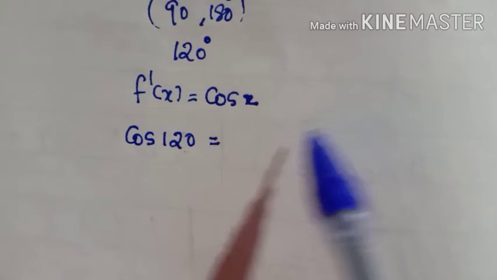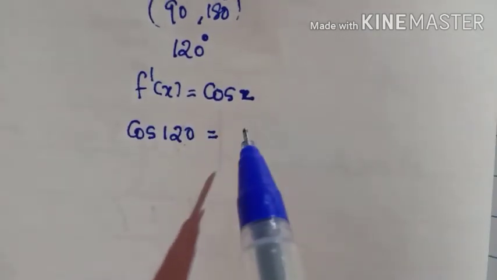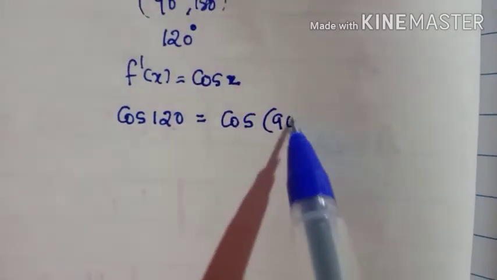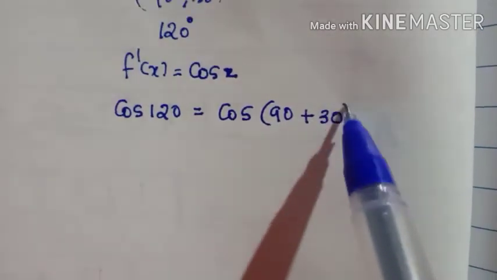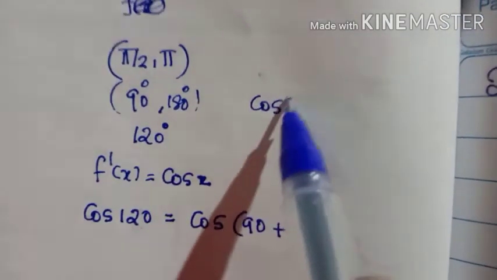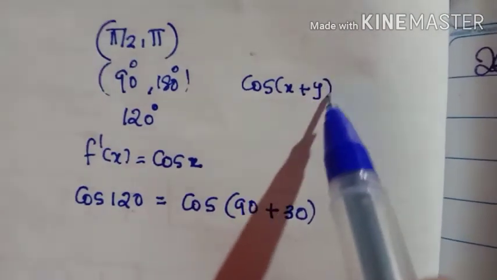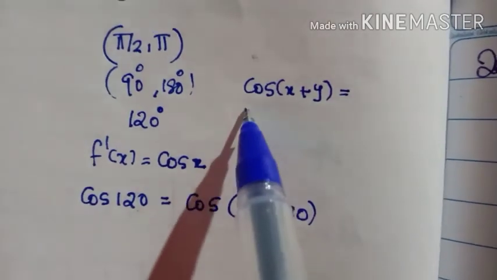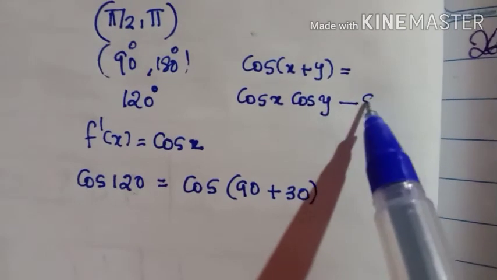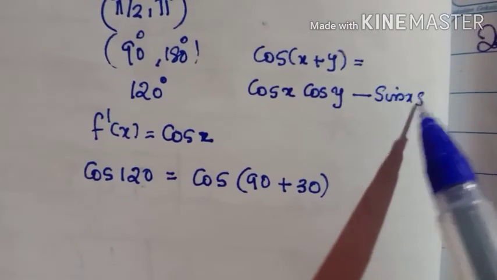Otherwise, find the value of cos 120 as follows. Split 120 as 90 plus 30. Now this becomes the identity for cos of x plus y. Cos of x plus y is cos x cos y minus sin x sin y.